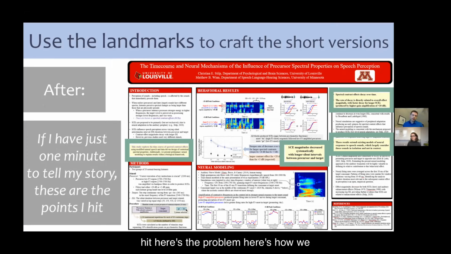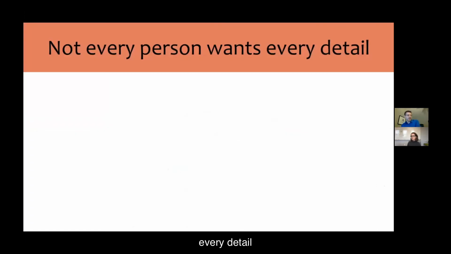Here's the problem, here's how we tested it, here's the conclusion, and here's what we think is the next question, right? And for a lot of people, that was a really good experience, and they wanted to know more, and then they could follow up with what they wanted to know. So it's just recognizing that not every person wants every detail.